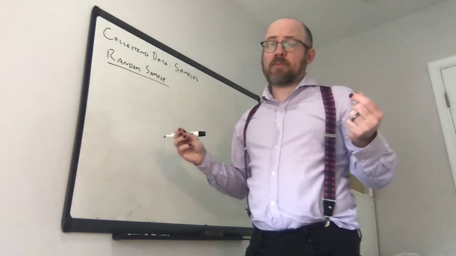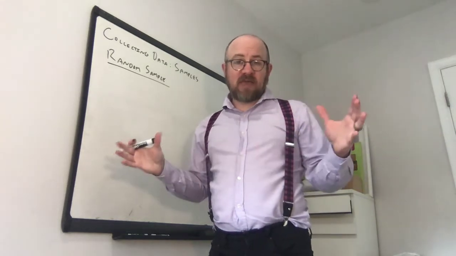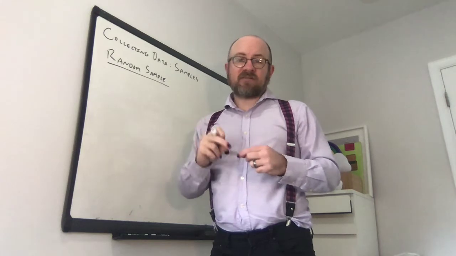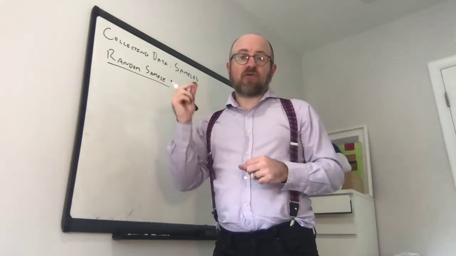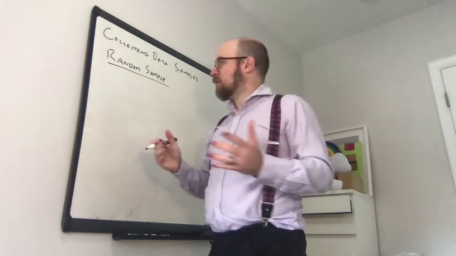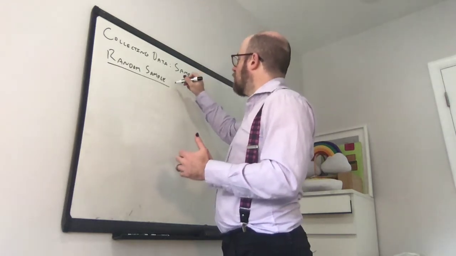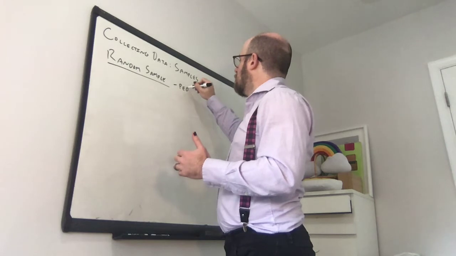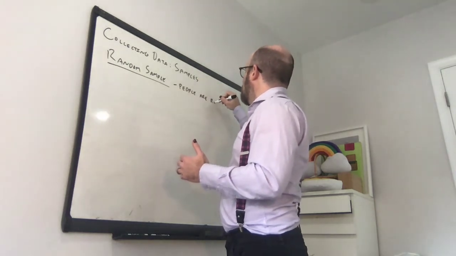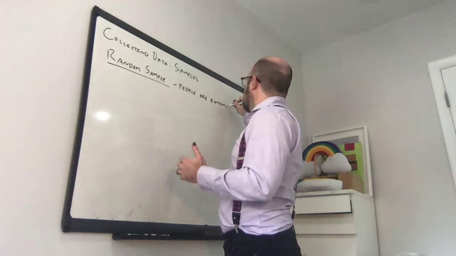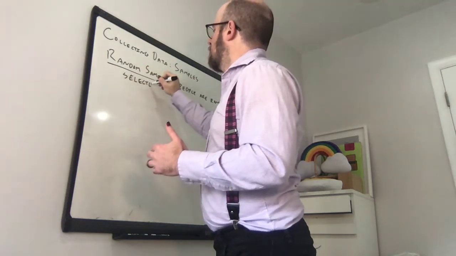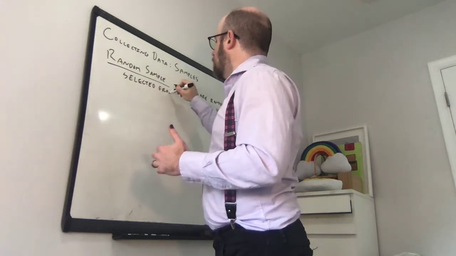For example, if I wanted to take a random sample of the students in my class, I might put numbers on slips of paper and have people draw numbers out of a hat and get a certain number of people from the group. So this is a random sample: people are randomly selected from the entire group.